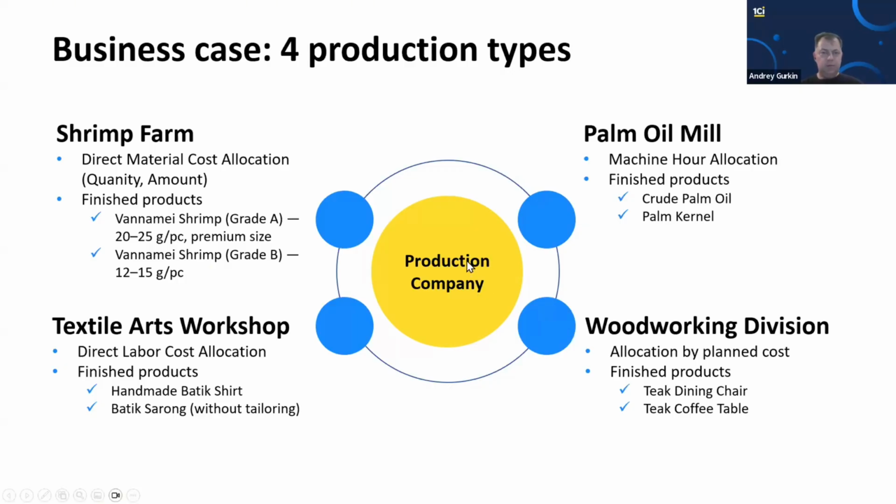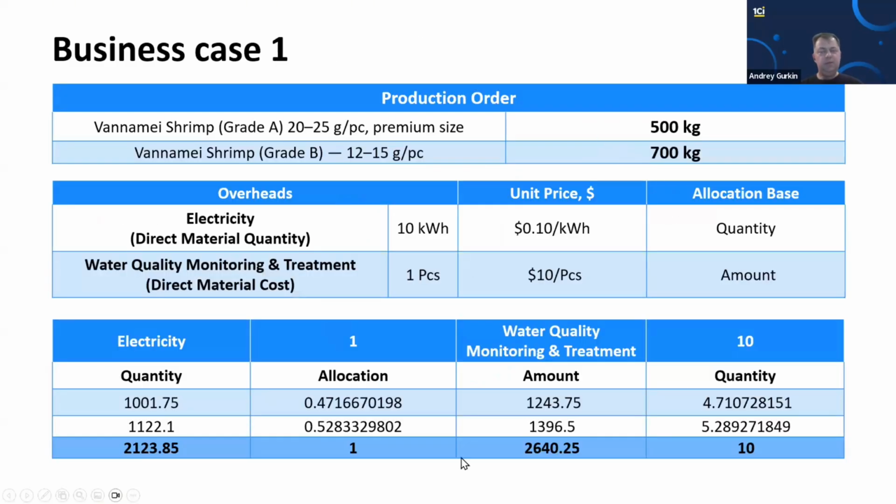The principle will be the following. Here you can see a lot of numbers. Maybe it's some kind of shock for you, but okay, let's go step by step. First of all, you can see the structure of the very ordinary production order.